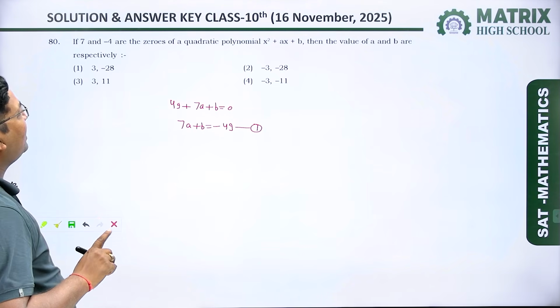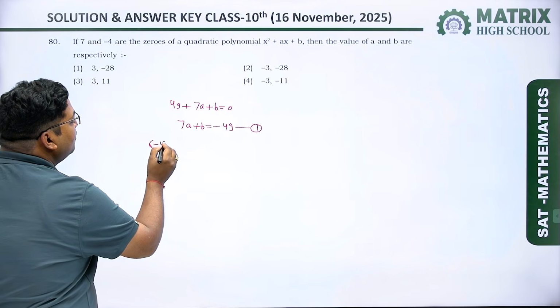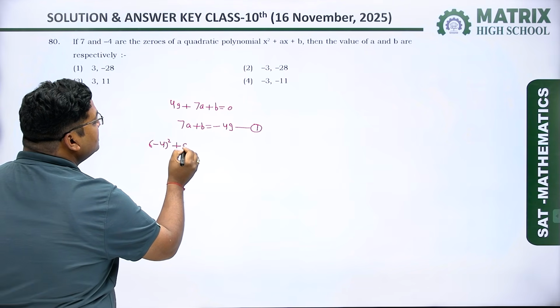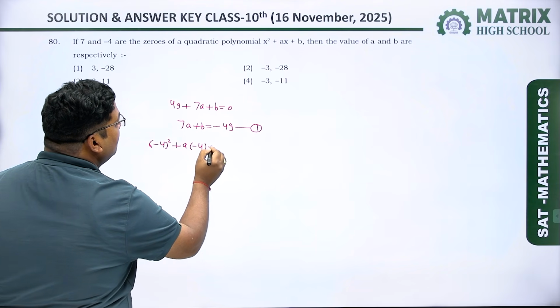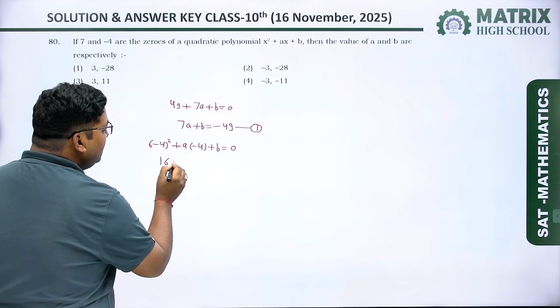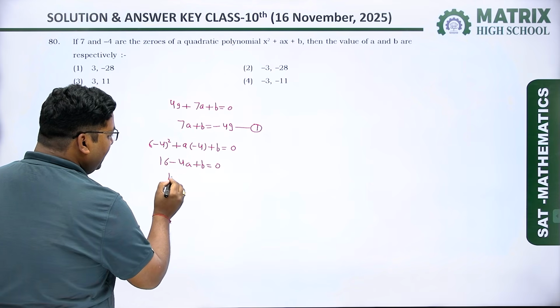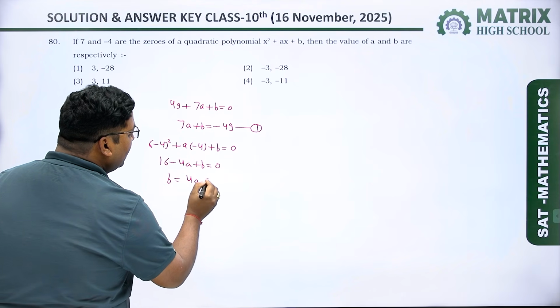Now we have to put the value of x equal to minus 4. So we will get minus 4 square plus a into minus 4 plus b is equal to 0. From here we will get 16 minus 4a plus b equal to 0. From here we will get b equal to 4a minus 16.